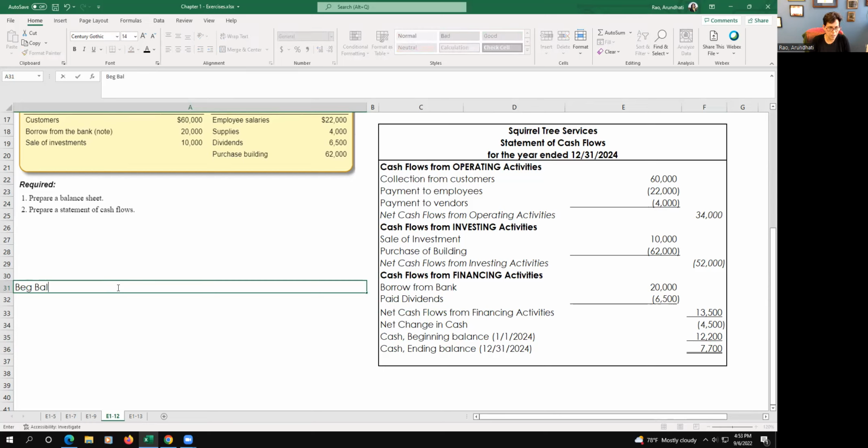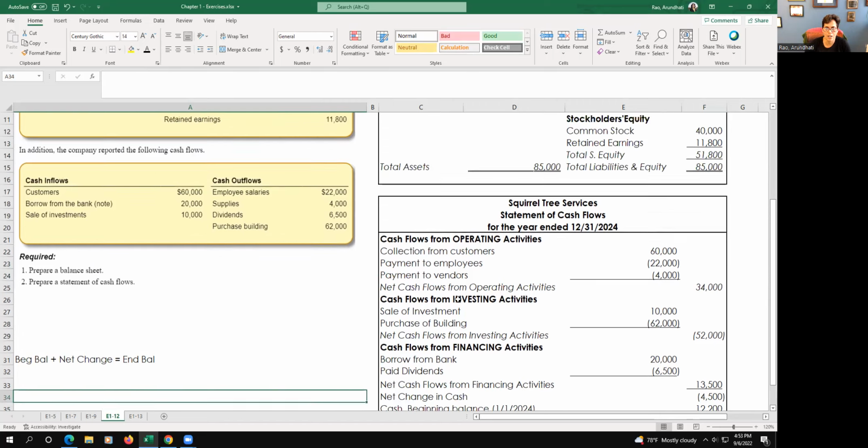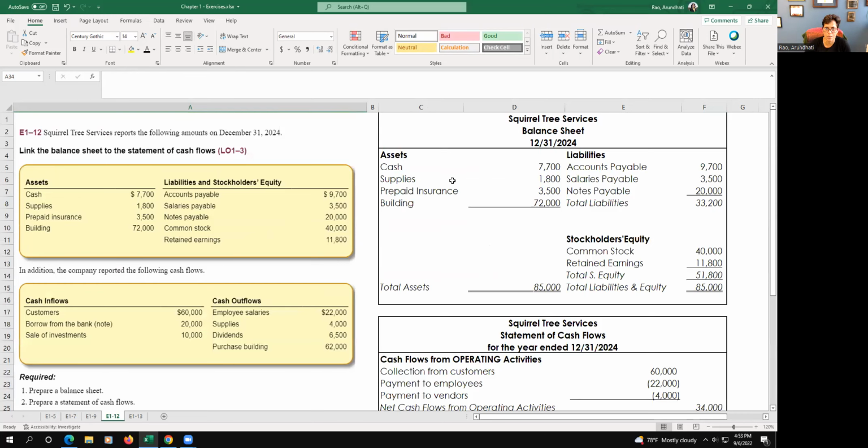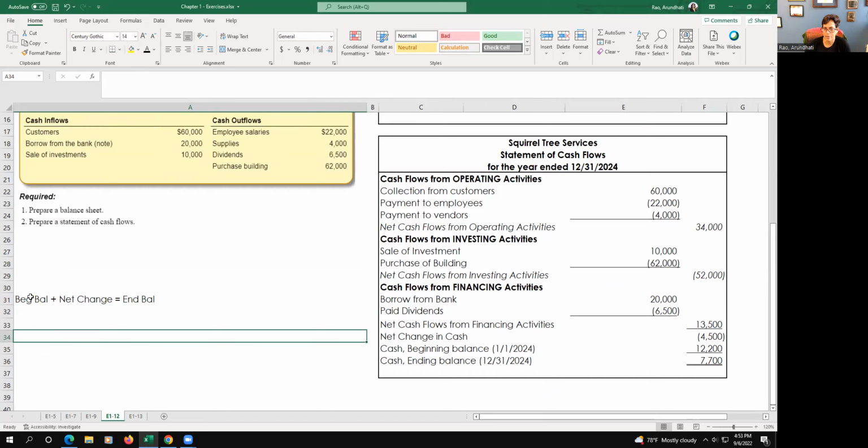Your beginning balance of cash plus your net change equals ending balance of cash. So, beginning balance of cash was not given to you in this problem. You calculated the net change to be minus 4,500. You have the ending balance. Where did you get that from? It's in the balance sheet. It was given to you, 7,700.